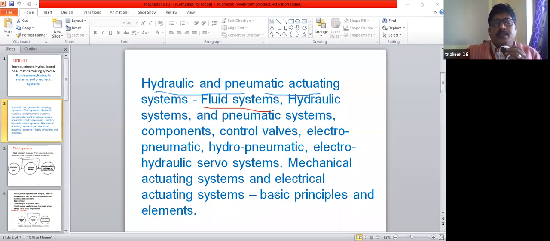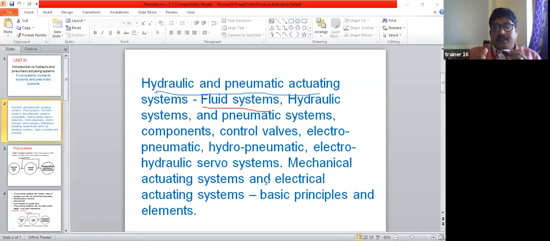Before going to Unit 3, I would like to discuss what an actuating system is. An actuating system activates the machine to get the desired output.